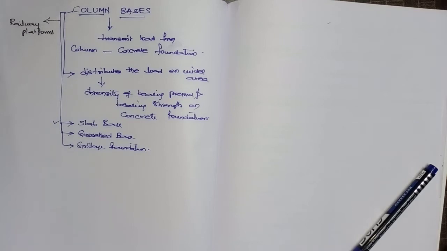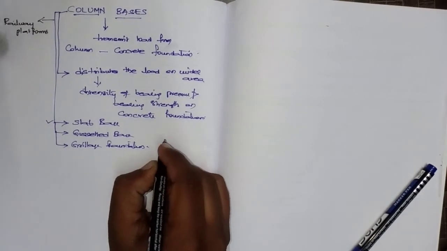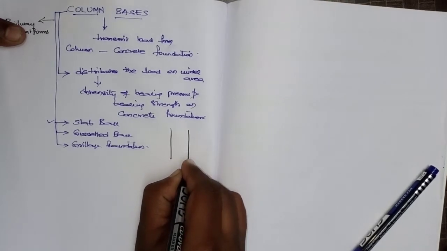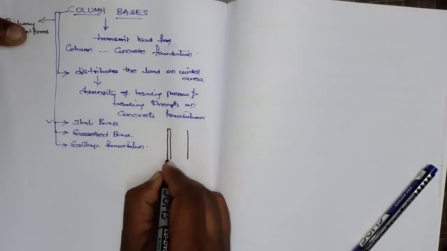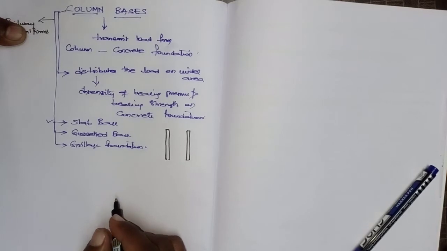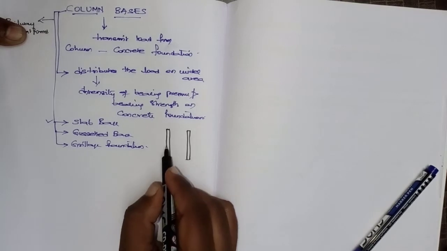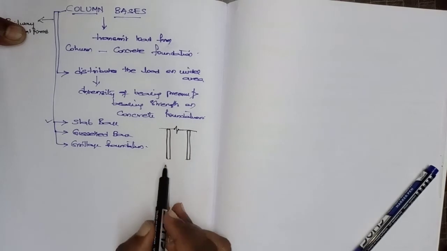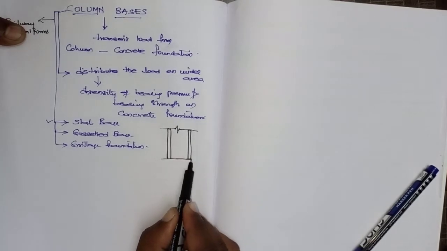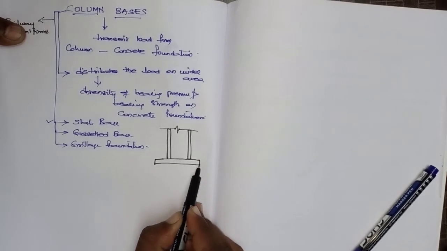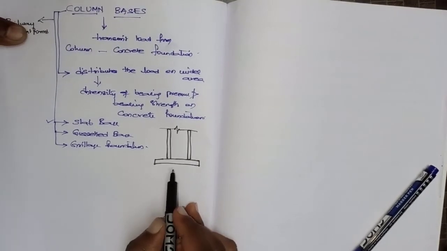Right. Now if I consider one I section, this column has to be connected to the base plate, which is also known as a slab base.